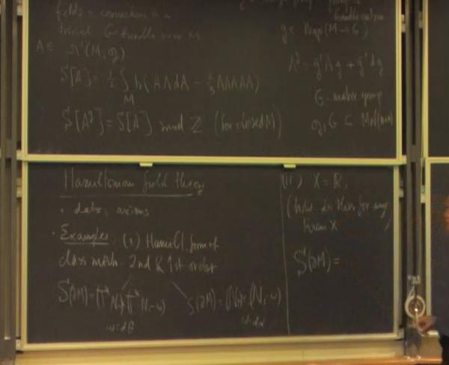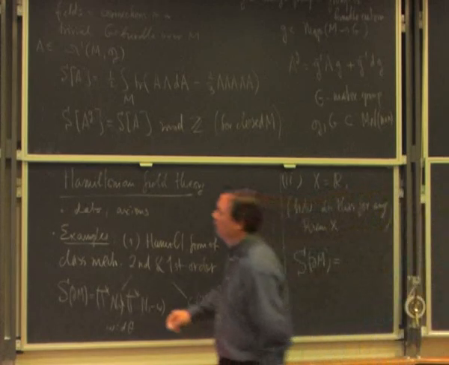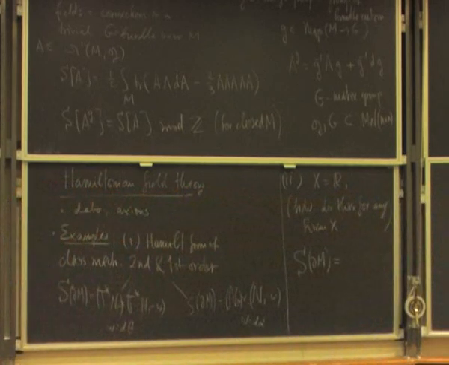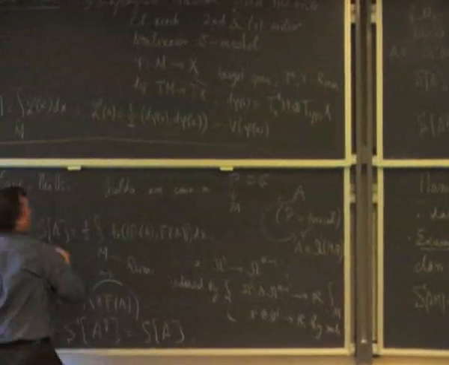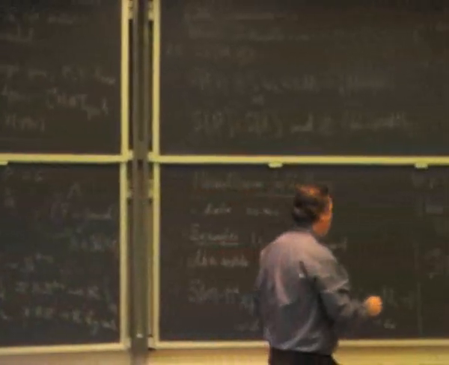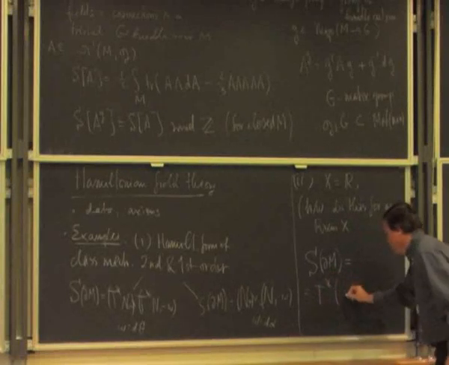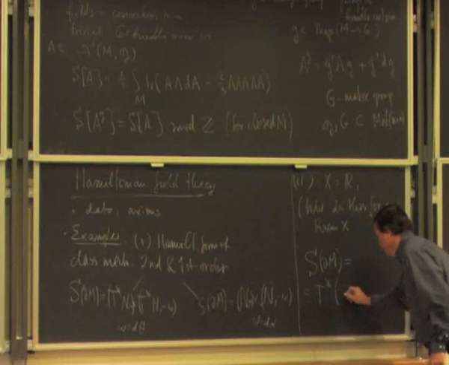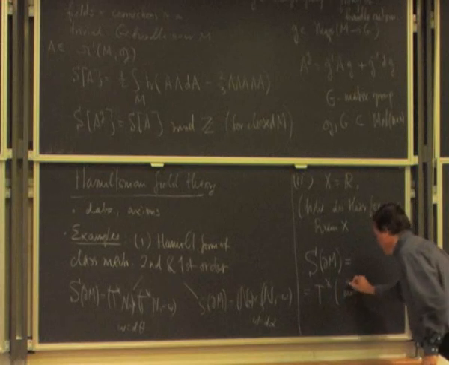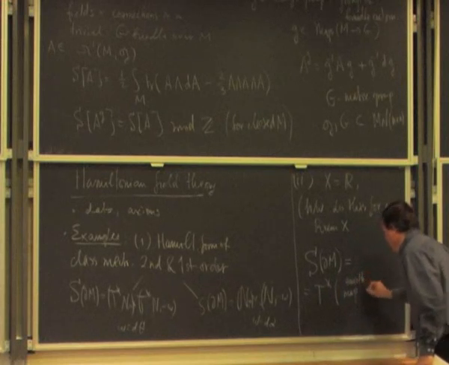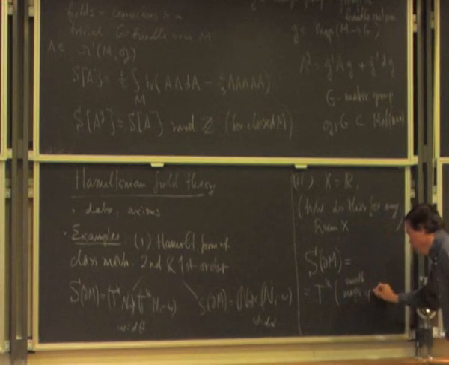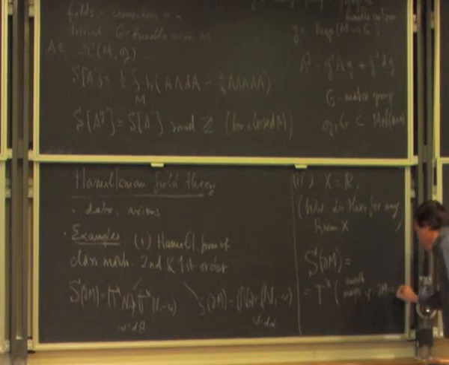So now this Lagrangian is the space, the cotangent space to the space of smooth maps phi from dm to r.